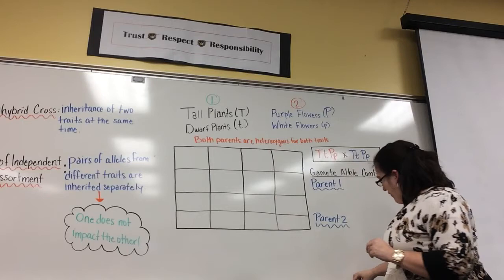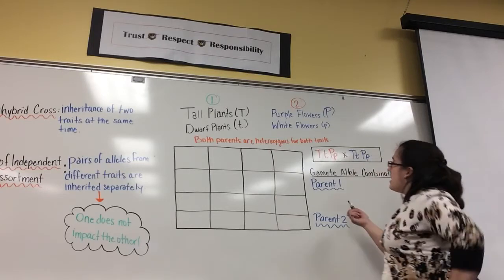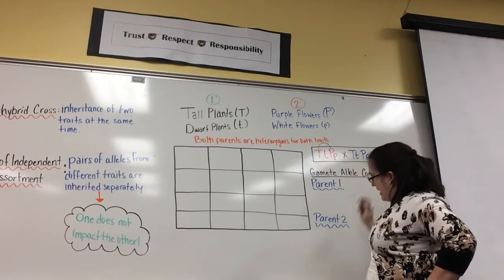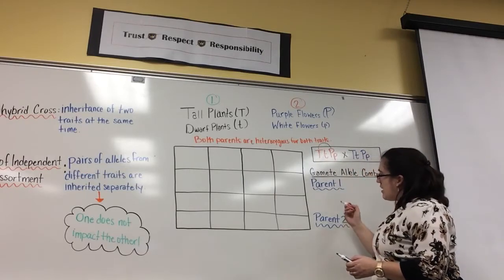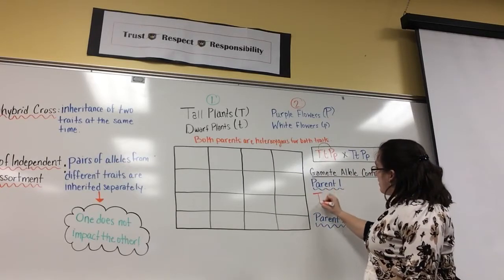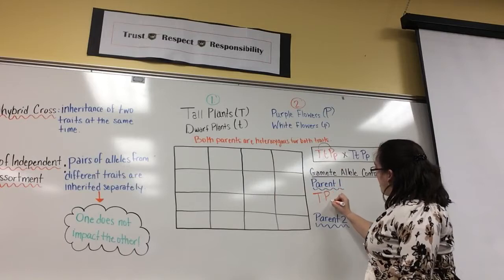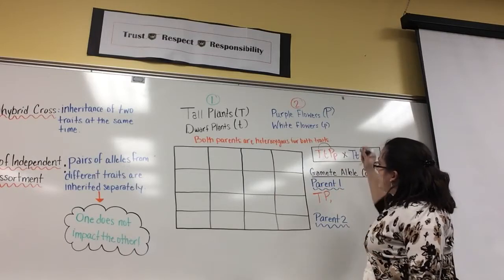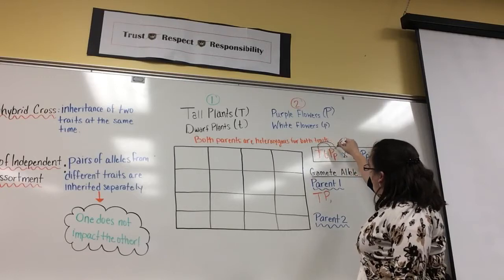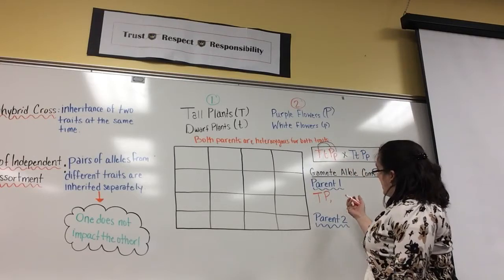So if we look here at our first parent, if we take the first allele from each trait and we link those together, that would be our first allele combination. So that would be big T, big P. The next one, we take this first big T and we pair it up with the second allele from the second trait.